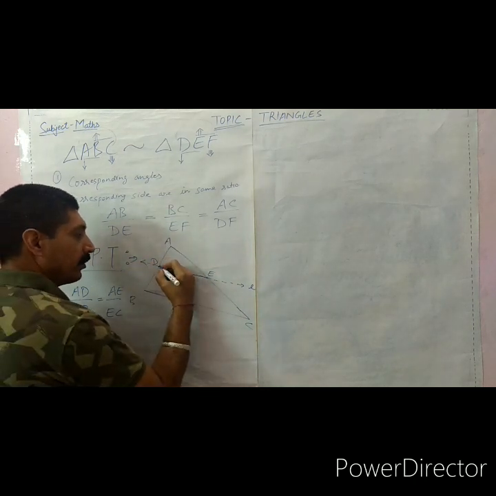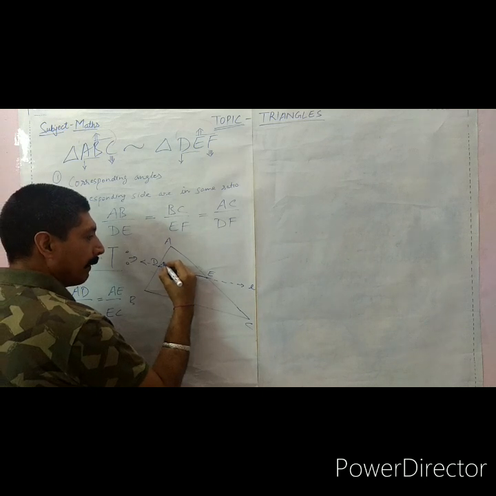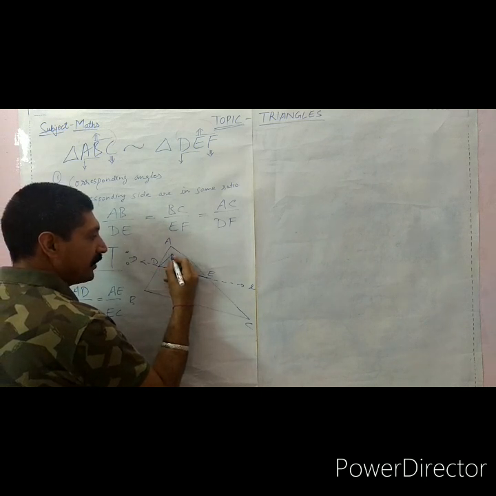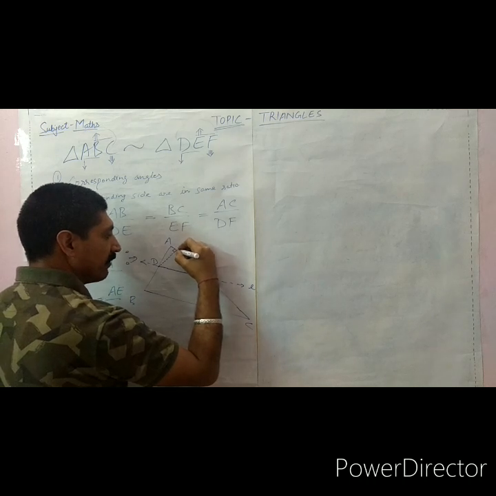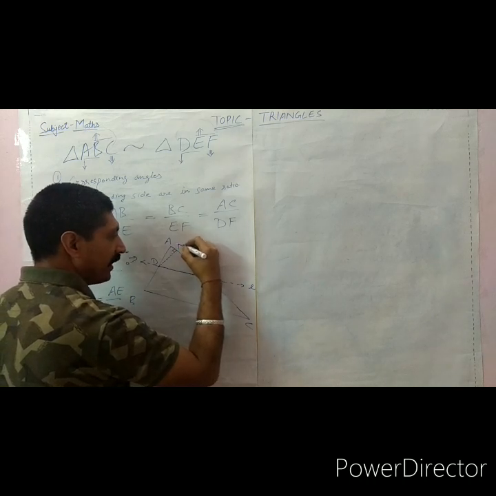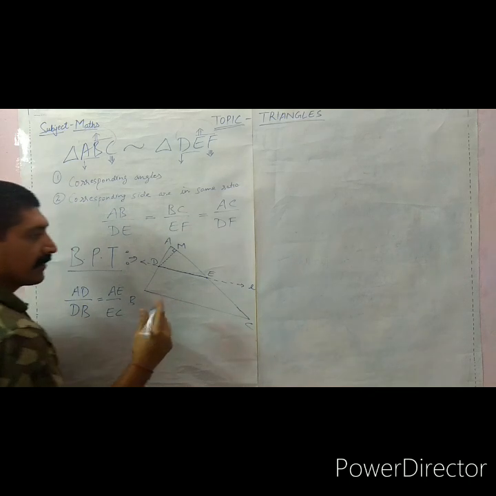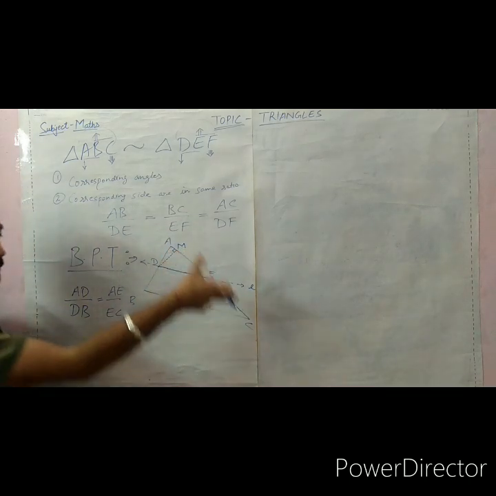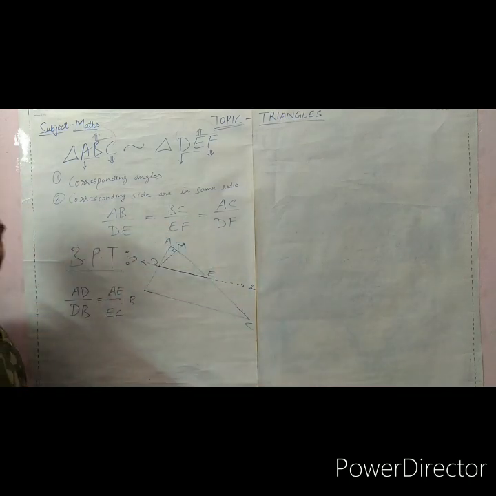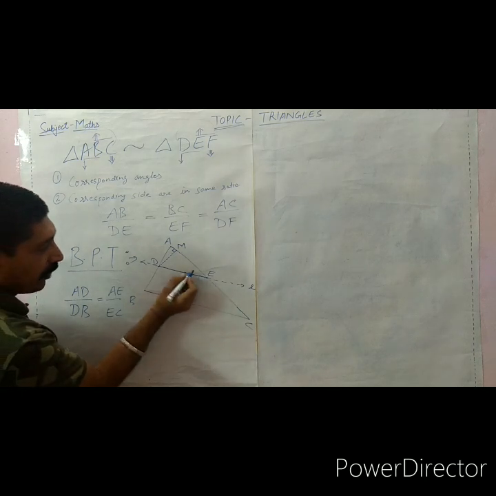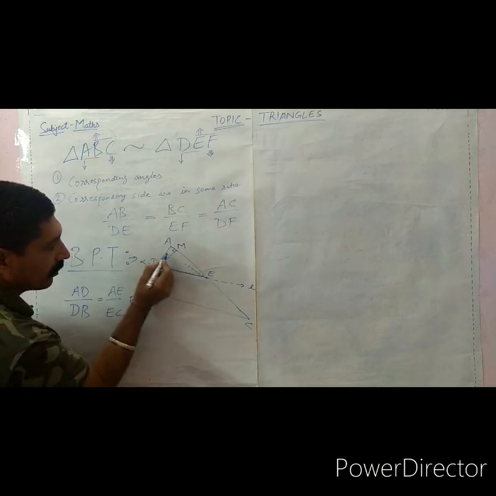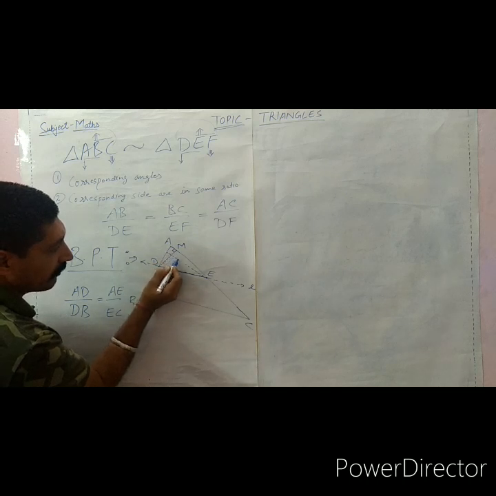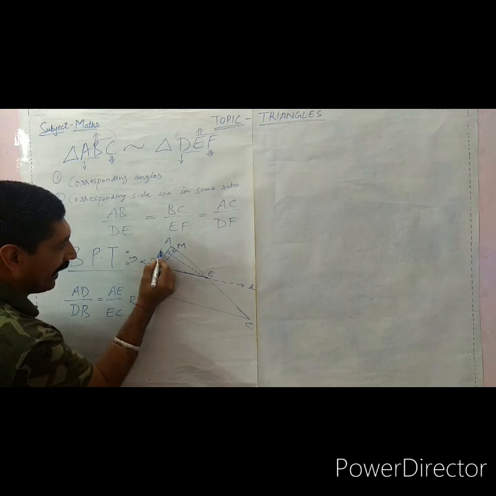On AE, we have drawn a 90 degree perpendicular, or you can say altitude, and we have named this point as point M. DM is the altitude on AE. Similarly, from this point also we have drawn one more altitude or perpendicular, and we have named it as point N here.